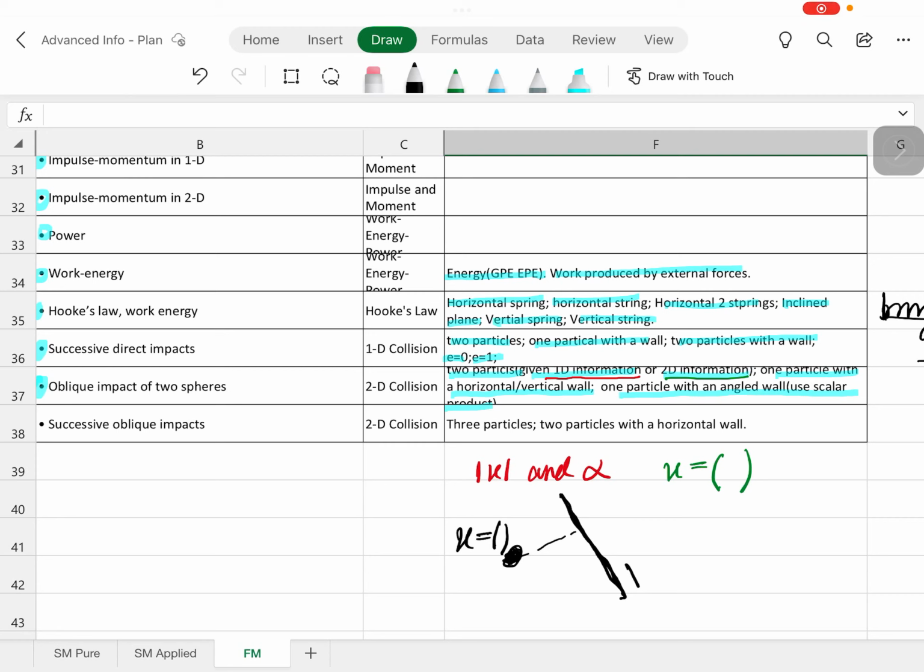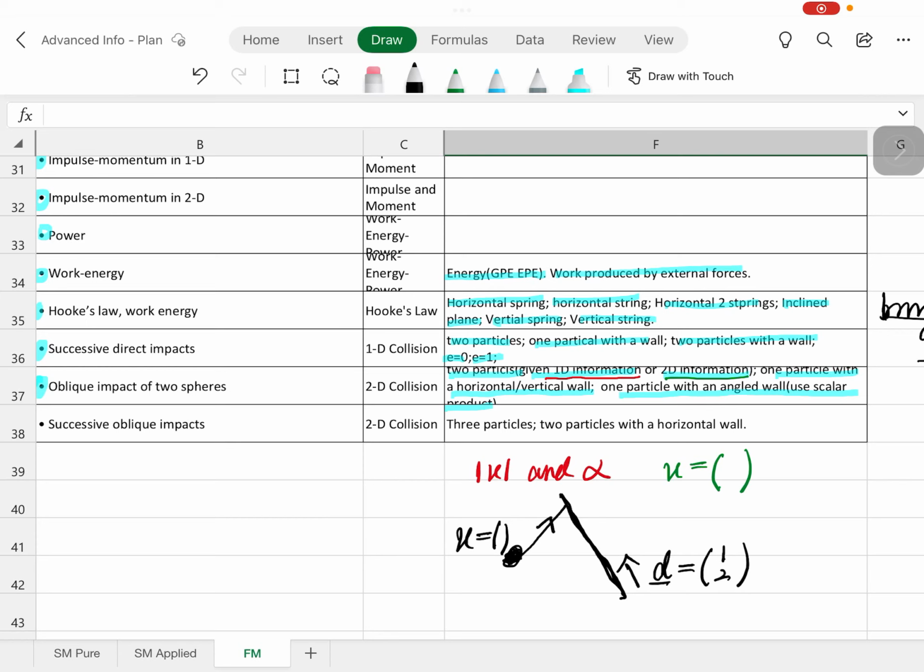I can use d to represent the direction of the wall, which can be, let's say, (1, 2). So I go in this way.